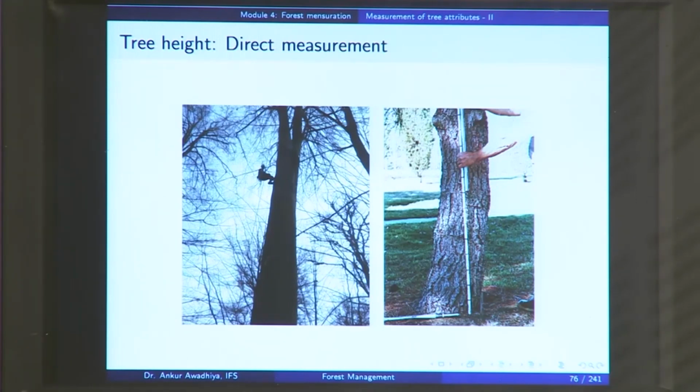You stand near the tree, put the pole such that the bottom touches the ground and the top is extended to reach the height you want to measure, and then you take the instrument out and measure the length of this rod. This is known as a direct measurement, because you are directly measuring the height of the tree.